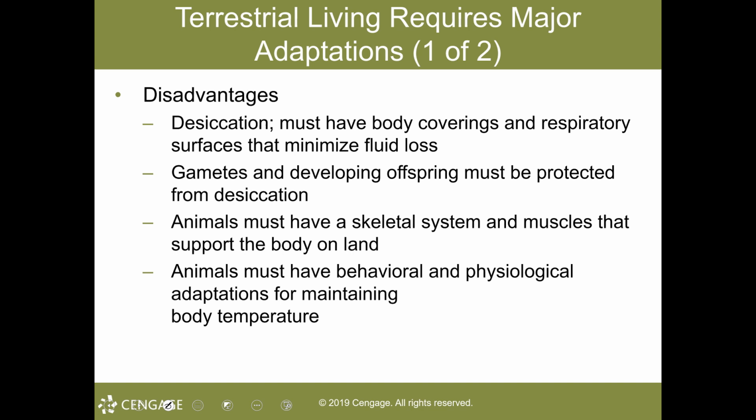So terrestrial living requires major evolutionary adaptations. So living on land is even more difficult than living in fresh water. And the evolution of terrestrial animals involved major adaptations. Analyzing the fossil record, many biologists hypothesize that the first air-breathing terrestrial animals were scorpion-like arthropods that came ashore during the Silurian period about 444 million years ago.